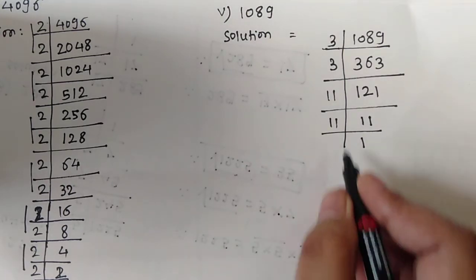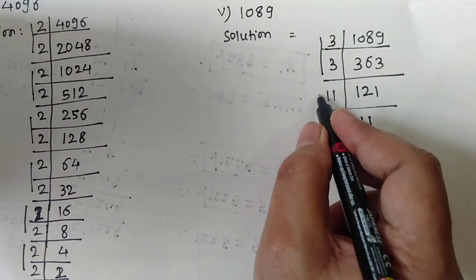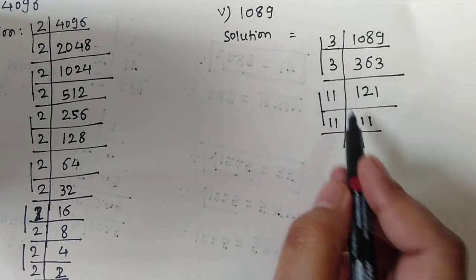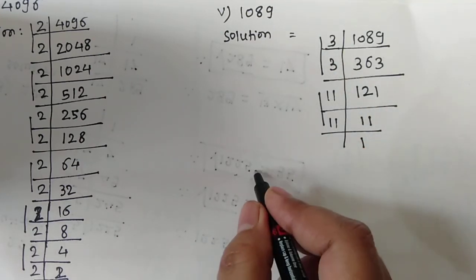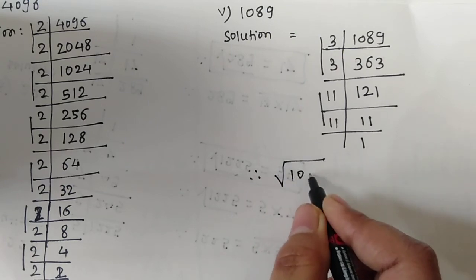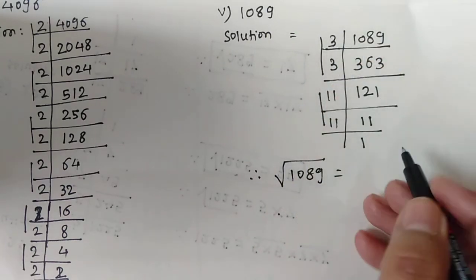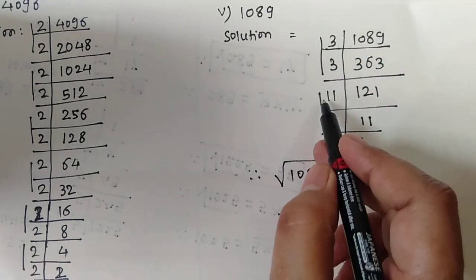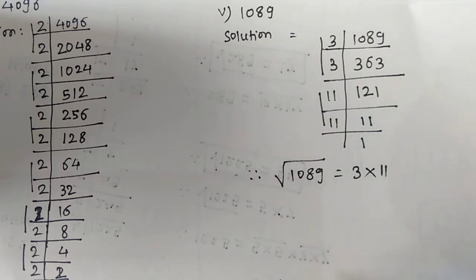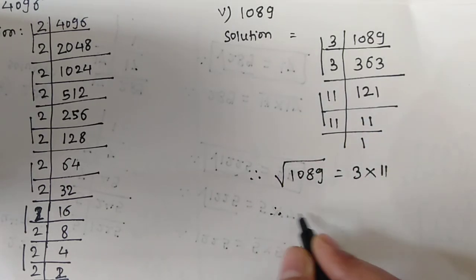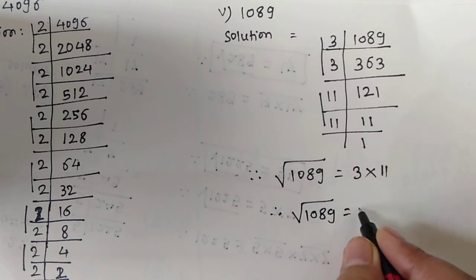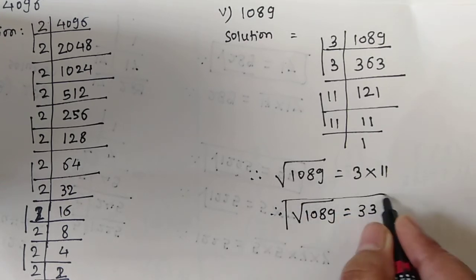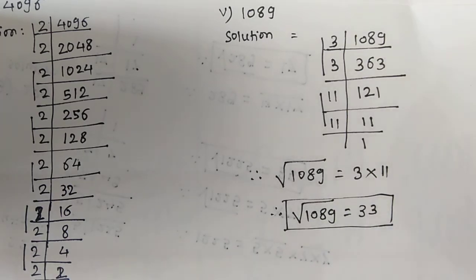So collect the factors, make the pairs and write down the multiplication of one number from each pair. So therefore square root of 1089 is equal to 3 from first pair multiply by 11 from second pair. Therefore square root of 1089 is equal to 11 3s are 33, and this is the final answer.